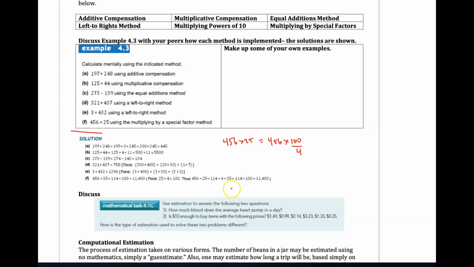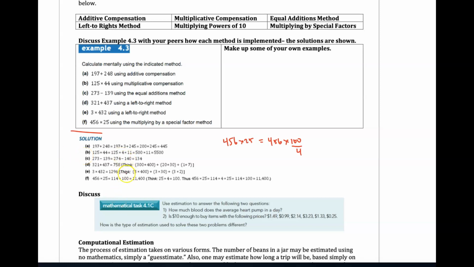And so it's an interesting process here. That's what's going on here. Think of 100 as 25 times 4. Right, that's another way to think about that problem there, as to try to solve it.